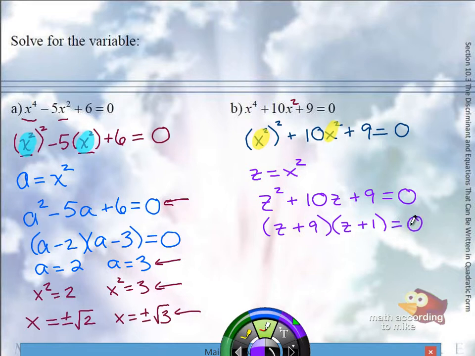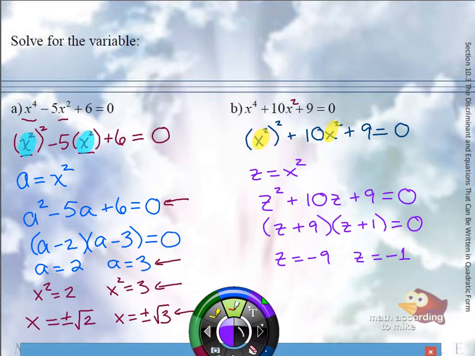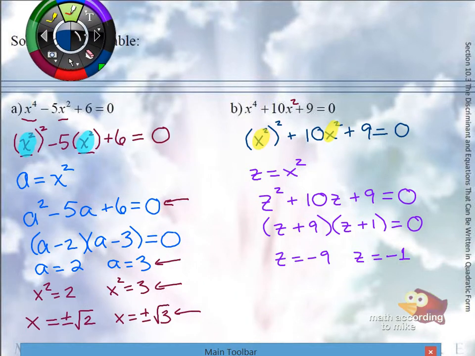All right. Setting each factor to 0, what do we get for z? And? Good. But did we start with z? No. We started with x squared.